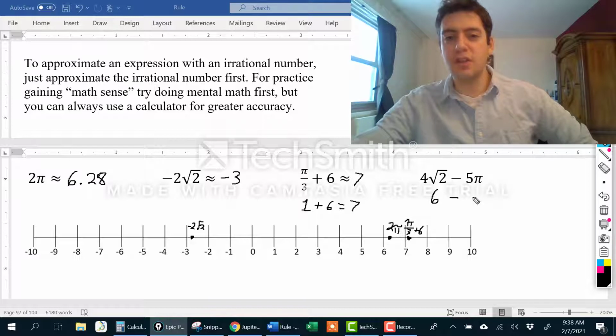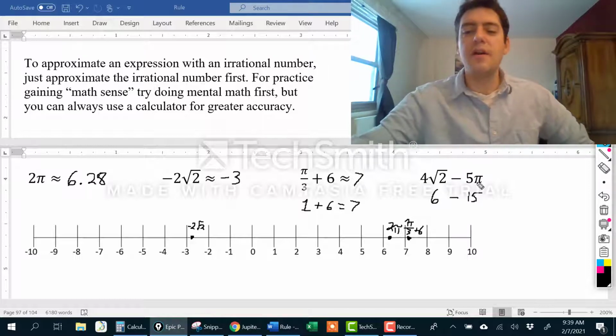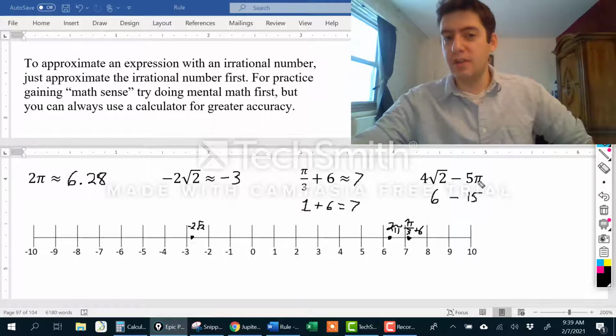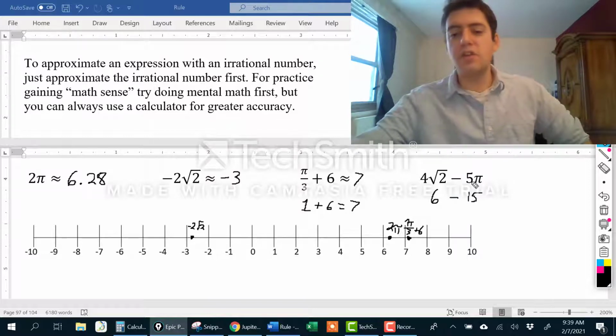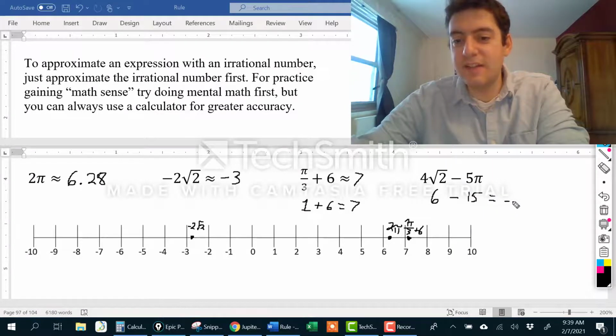So 5 times 3 is going to be 15. Remember, this is not exactly what this is, but it's pretty close. Pi is actually a little bit more than 3, so 5 times pi would be a little bit more than 15. All right, so we have something which 9 minus 15 would be negative 9.